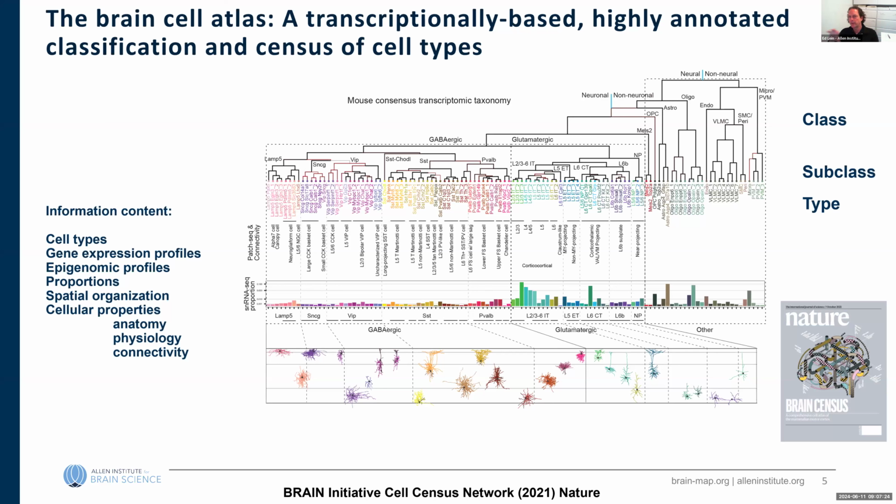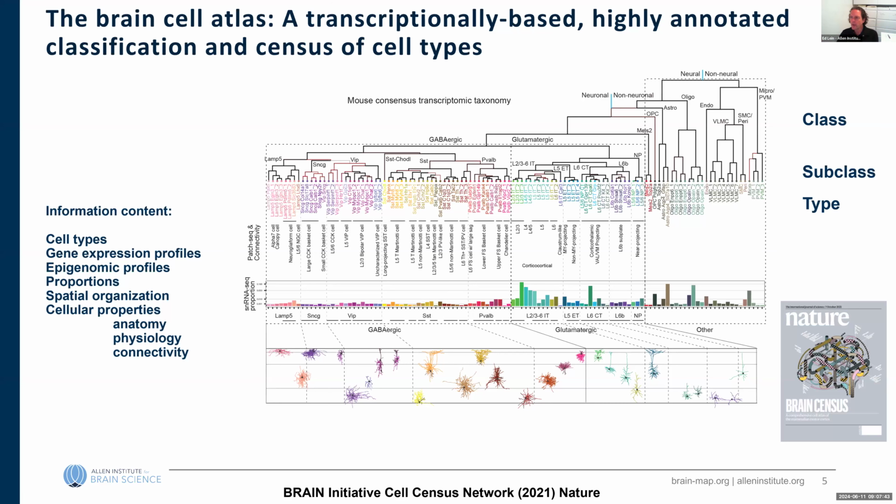And so this is really the epitome of what a brain cell atlas comprises. It is a robust description of the types of cells and a description of the properties of those cells that will eventually then lead to an understanding of the functional circuitry that the cells form for the brain as a whole.